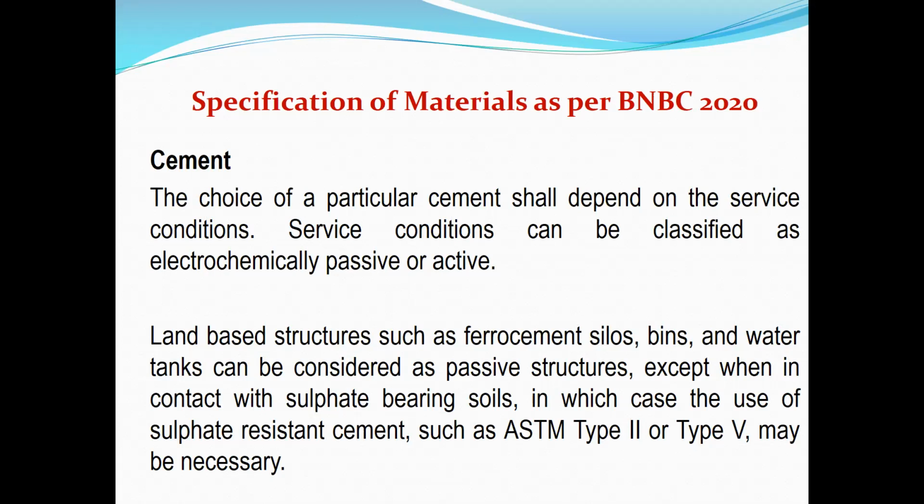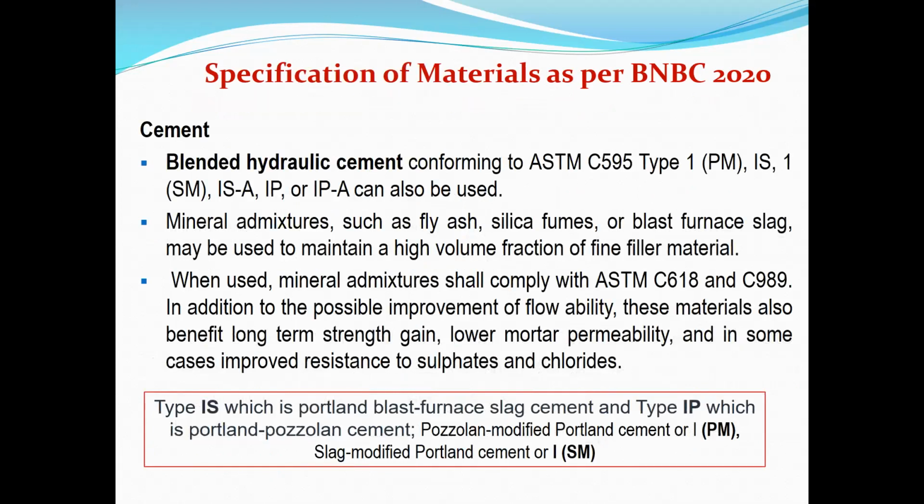So we are talking about the cement required for feather cement structures. Other types of cement, like blended hydraulic cement conforming to ASTM C595 type IP, IS, PM or SM, can also be used. ASTM C595 is a standard.